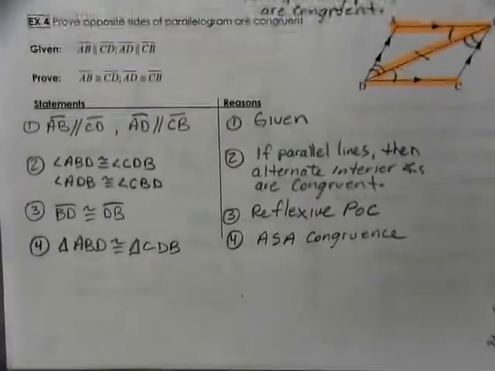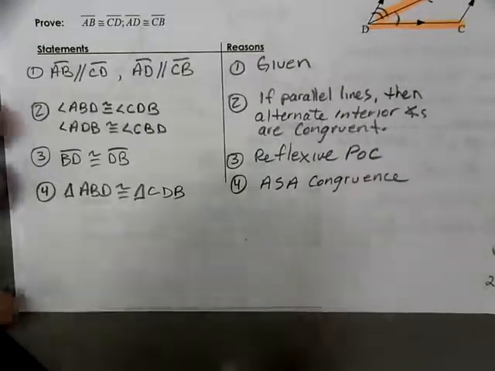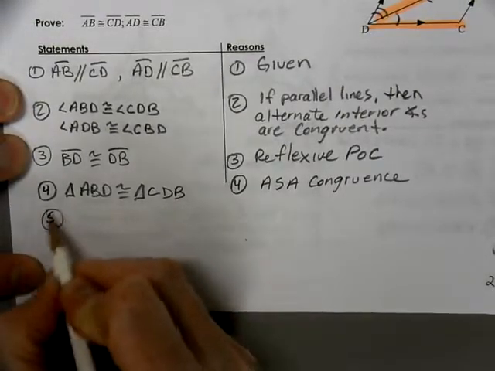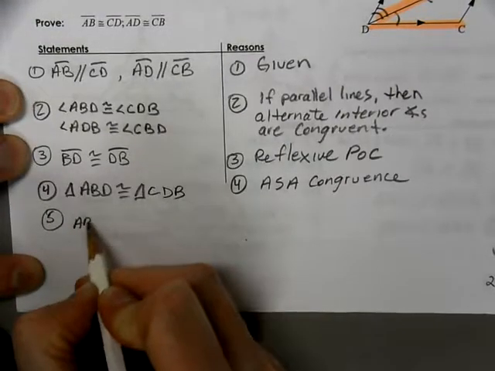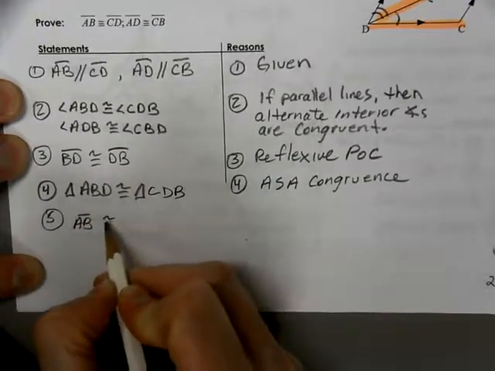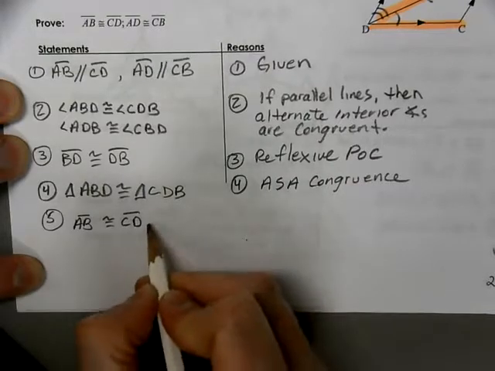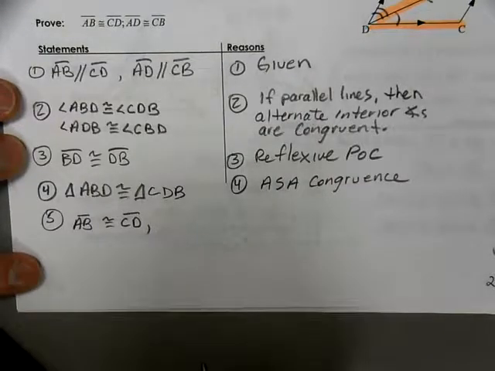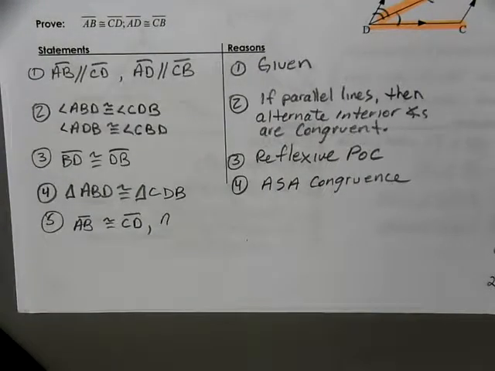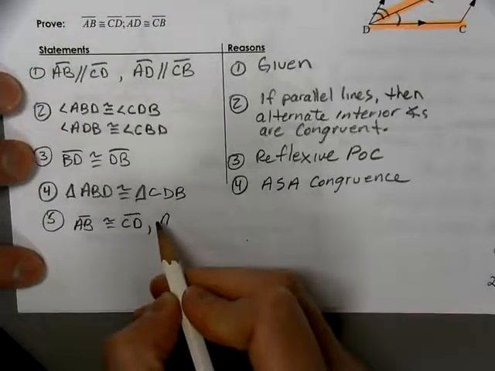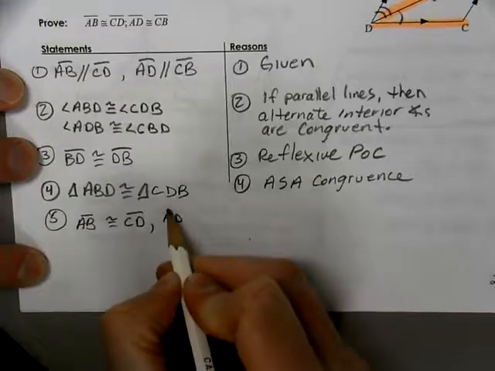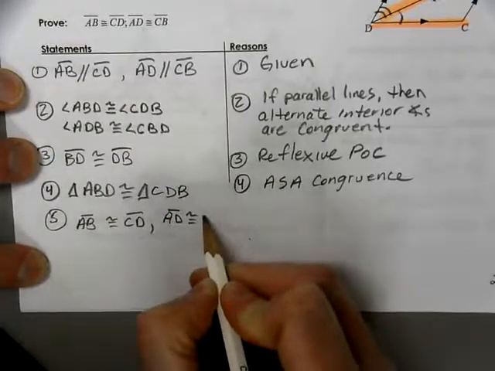And then we can finish up with what we're trying to prove. We're trying to prove that segment AB is congruent to segment CD. And we know that AD is congruent to CB.